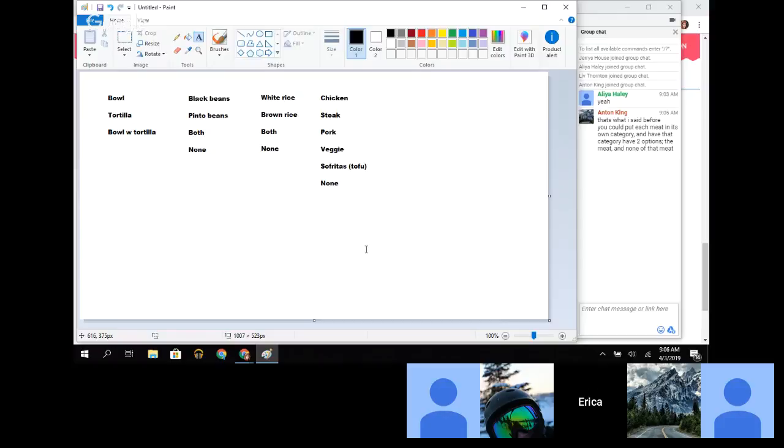Oh, Anton says you could have that category and have two options, the meat and none of the meat. You could do it like that so that you could pick each one. Do you see what Anton's saying? So instead of it being one choice here, you have three to choose from. I mean, that would stay the same, and four to choose from here, four here.